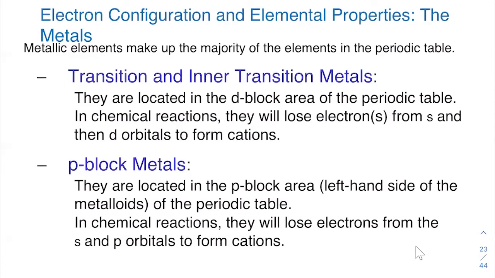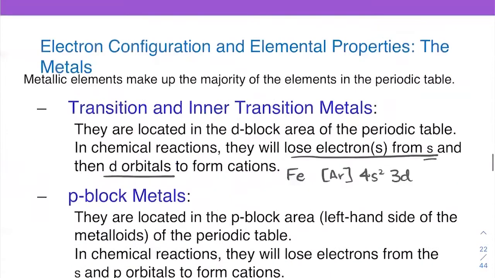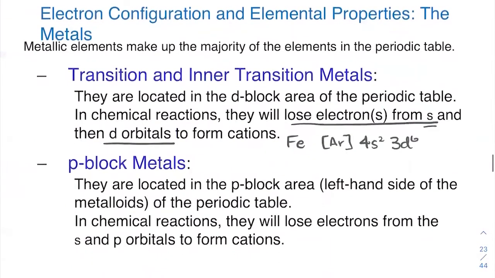What they can do is lose electrons from the s and the d's. So something like, let's just pick iron. Iron has an electron configuration of argon, and then dropping down to the 4s2 3d6, and it's the 1, 2, 3, 4, 5, 6 element over on the periodic table.